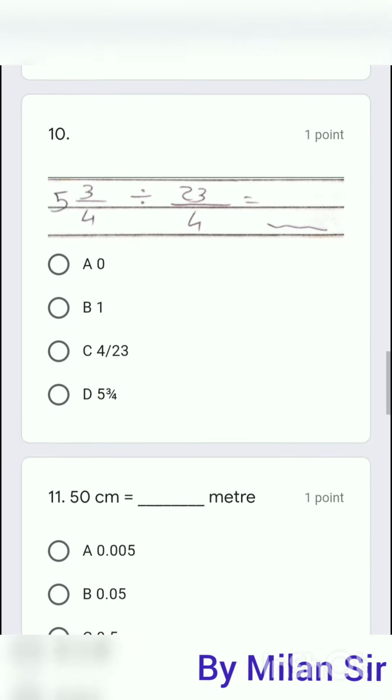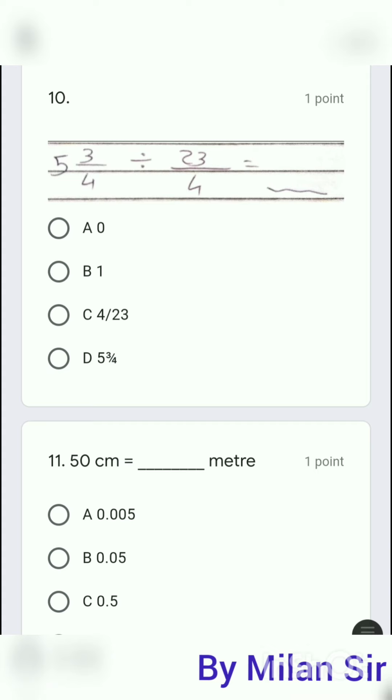After that, question number 10. 5 integer 3 by 4 divided by 23 by 4. So here first of all we need to convert this mixed fraction into improper fraction, right? So this 4 multiplied by 5 and plus this 3. So 4 5s are 20 plus this 3, so 23 by 4.